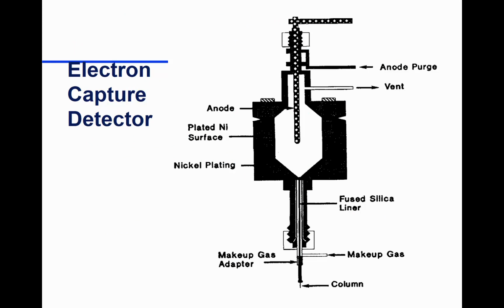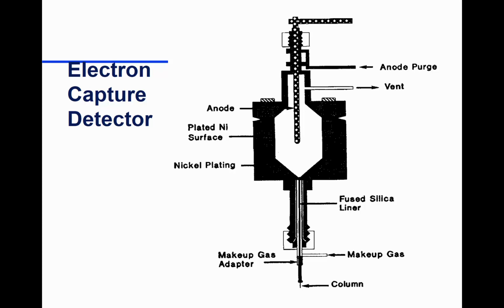Electron capture has been used for a lot of the pesticides. Many of our pesticides happen to be electron capturing molecules. They can be halogens, chlorine, bromine particularly. And so chlorine, bromine love to attract electrons. So in this case, my detector has a radioactive foil on the inside, typically tritium or nickel-63.